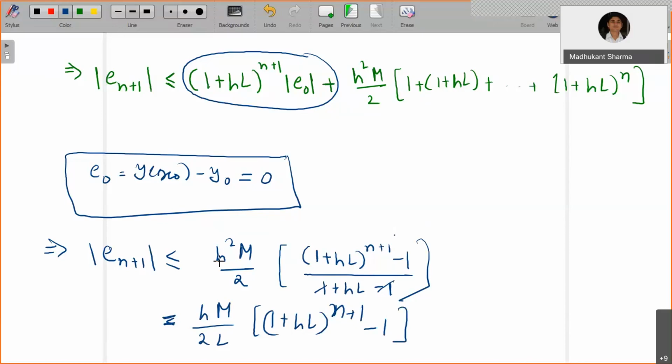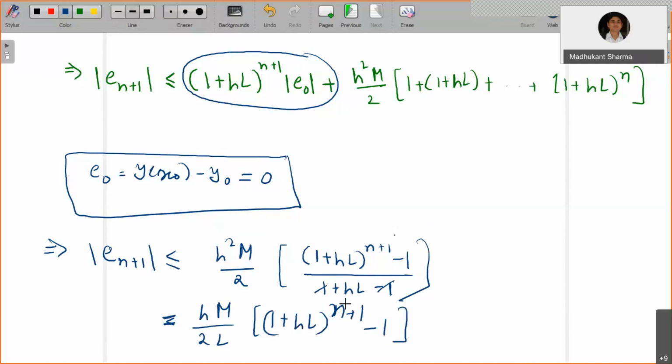Okay, so from here we can certainly show that mod of En is less than or equal to hM by 2L times, here n will be replaced. Right.